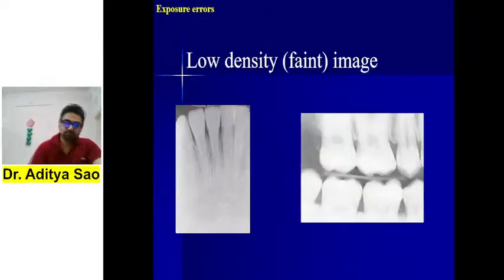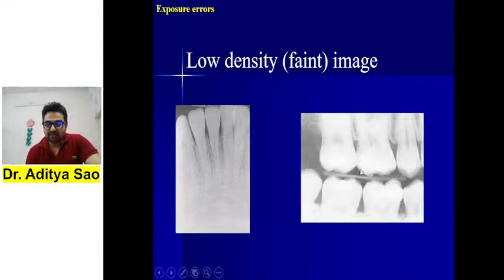Okay, low density, we all can recognize low density, in which you can't see the structures surrounding the tooth or the tooth structures properly. But how will you differentiate between a fogged image and a low density image? In a low density image, at least you can see the outline of the pulp chamber or the root canals properly.